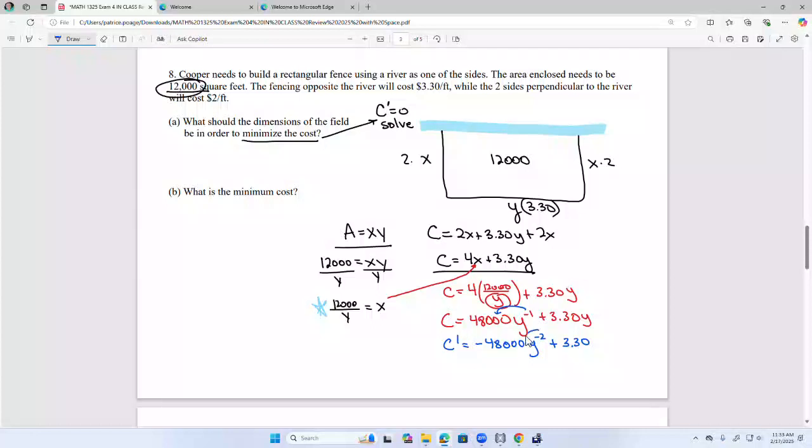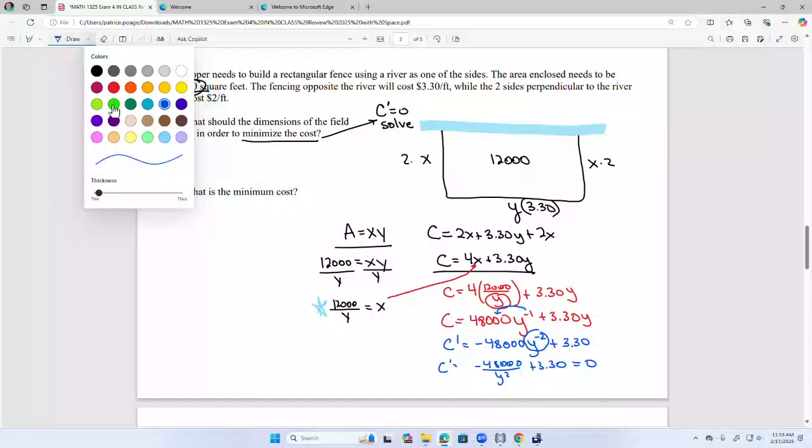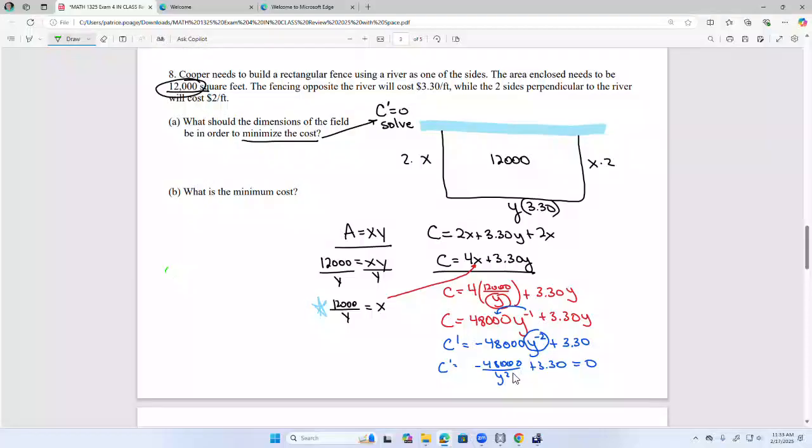So I'm going to rewrite it without my negative exponent there. And I get the derivative equals -48,000 over y squared plus 3.30. Setting that equal to 0, you can solve any way you want. I prefer to get rid of my denominator, so I'm going to multiply everything by y squared.